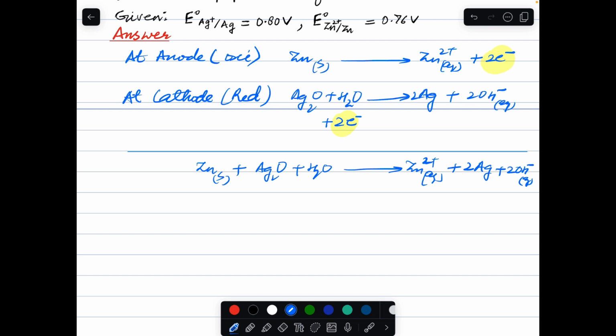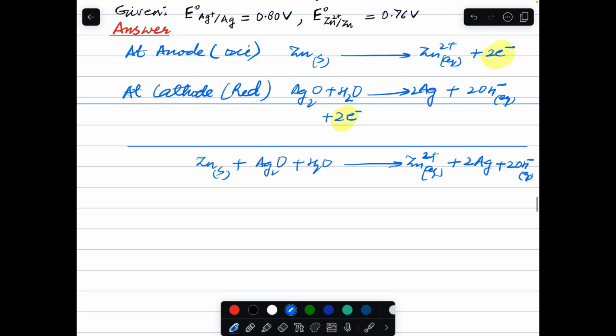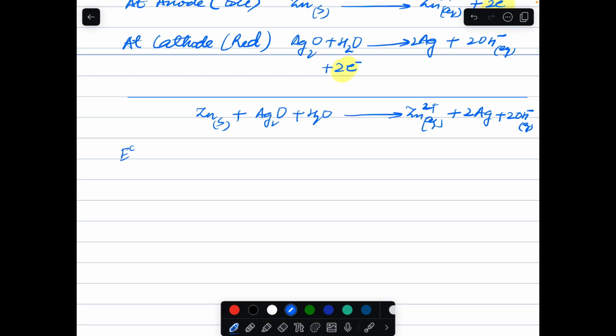Now we have to find the E naught cell. E naught cell is equal to the standard electrode potential of the cathode minus the standard electrode potential of the anode. In our case the cathode is the silver one, so we write E naught Ag+ over Ag minus E naught Zn2+ over Zn.